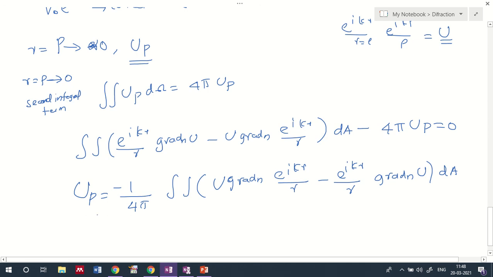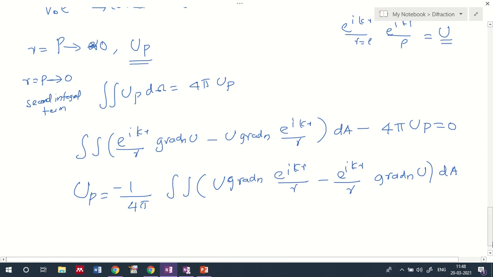Then up will be equal to minus 1 by 4π double integral of u gradient n e^(ikr)/r minus e^(ikr)/r gradient u dA. This equation is known as the Kirchhoff integral theorem.